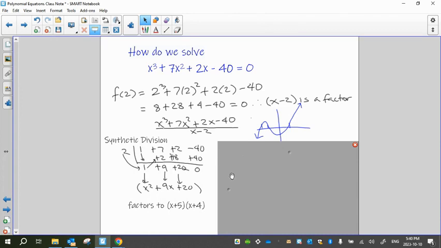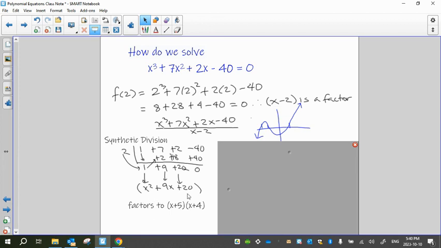So here's our synthetic division set up. The coefficients of the cubic, 1, 7, 2, and negative 40, the 0 that we found from our factor, and then the process. And the process produces this second factor, x squared plus 9x plus 20.